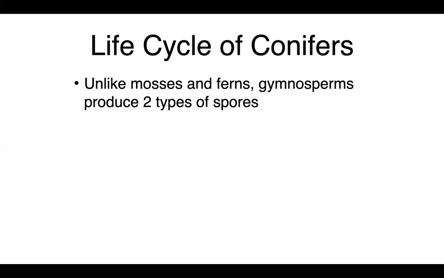The reason why we use moss and fern: the moss represents non-vascular, the ferns represent vascular seedless, and the gymnosperms or conifers represent vascular seed plants, but this doesn't include the flowering plants. Angiosperms have their very own section in this chapter on how they reproduce because flowers make it complicated.